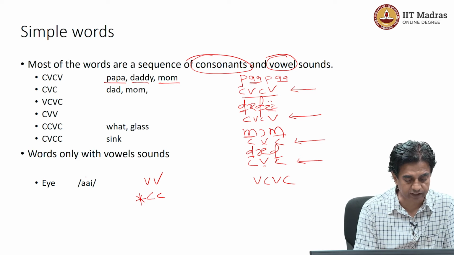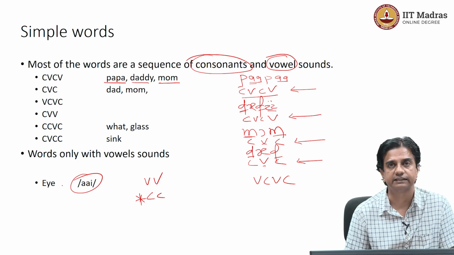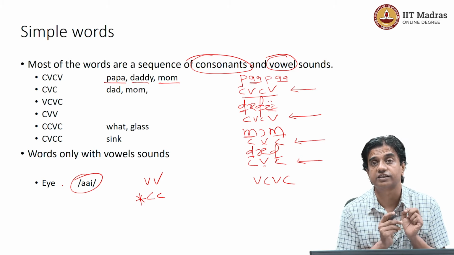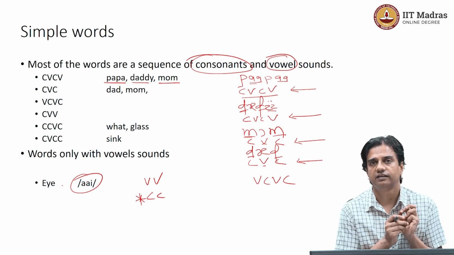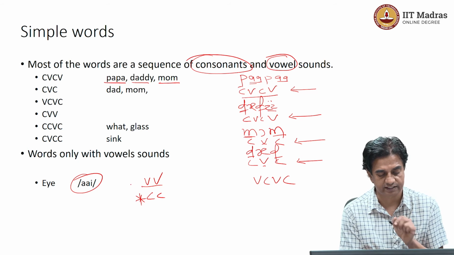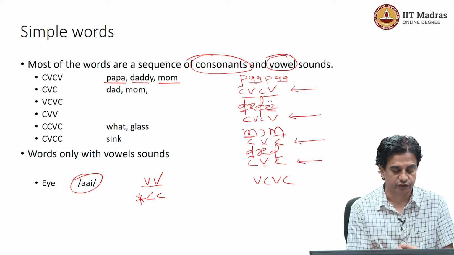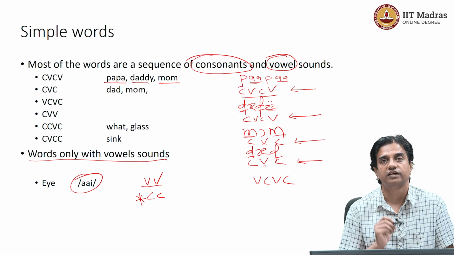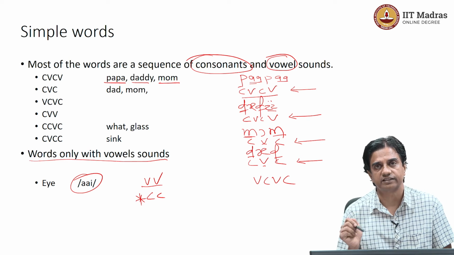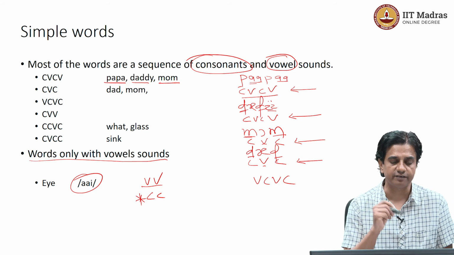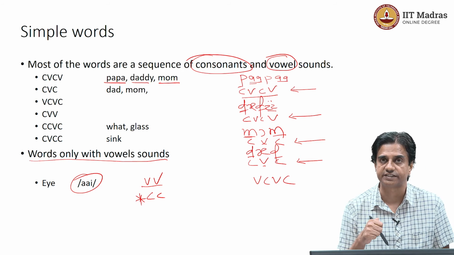So, look at this English word, I. It has two vowel sounds, and this is the sequence in this word. So, this is what we mean when we say words with only vowel sounds are possible in any language, also in English. So, you will see several sequences when you do your own exercise of 20 words.